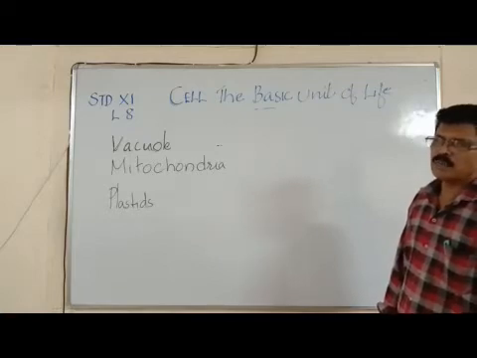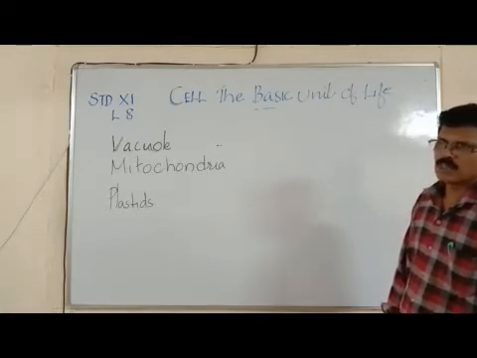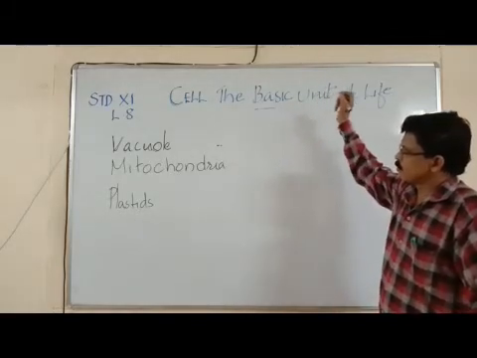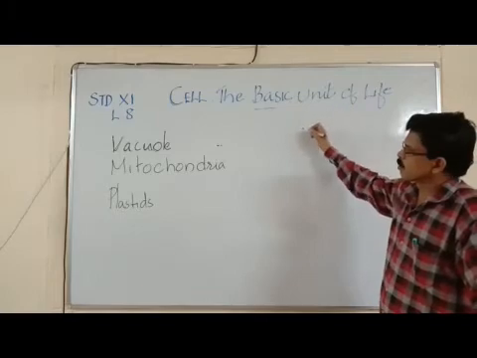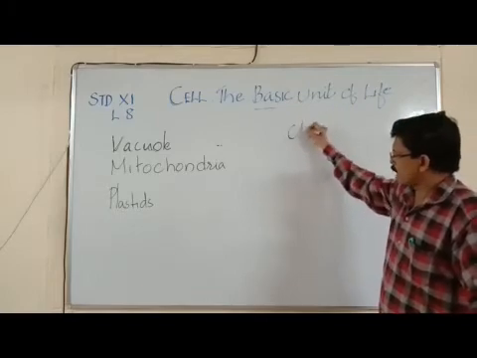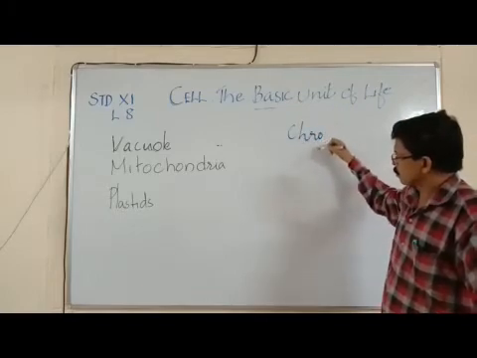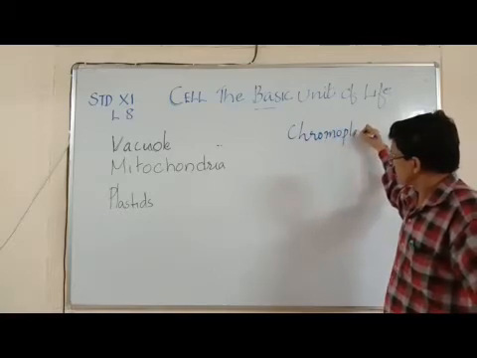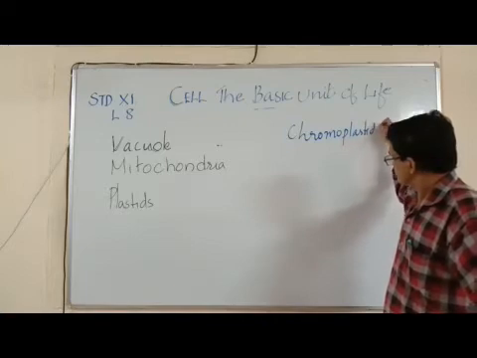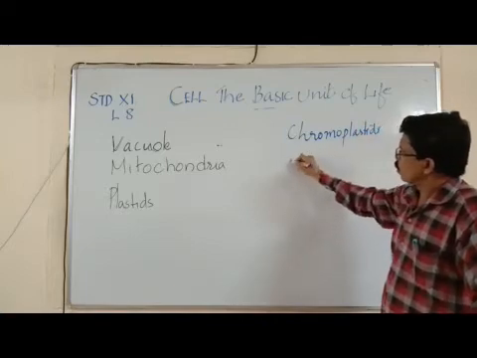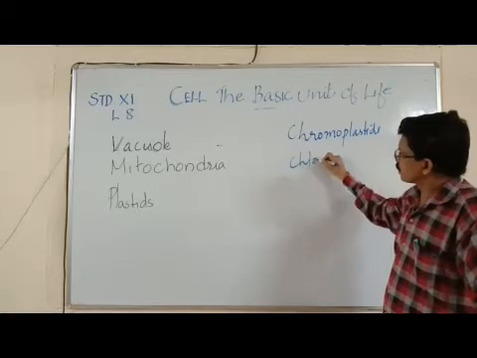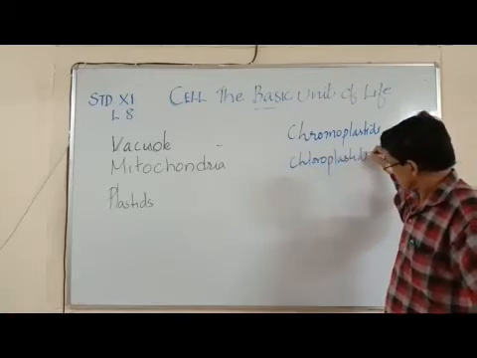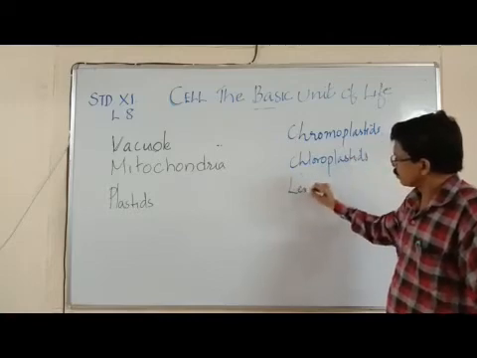Now, there are different types of plastids. Plastids can be categorized into three types: chromoplastids, chloroplastids, and leucoplastids.